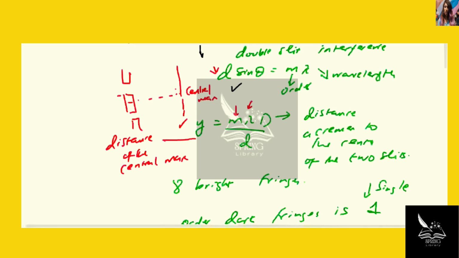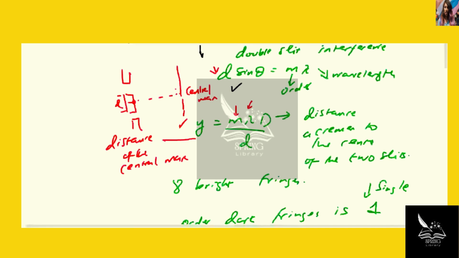This is d right here, the separation between two openings. The center point of the two slits is right here.